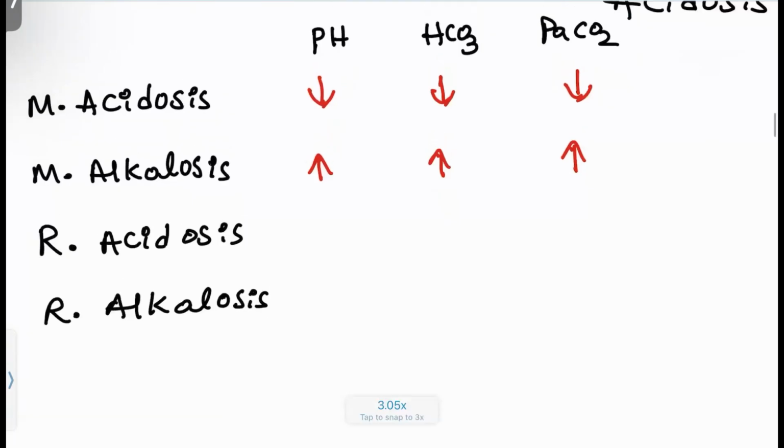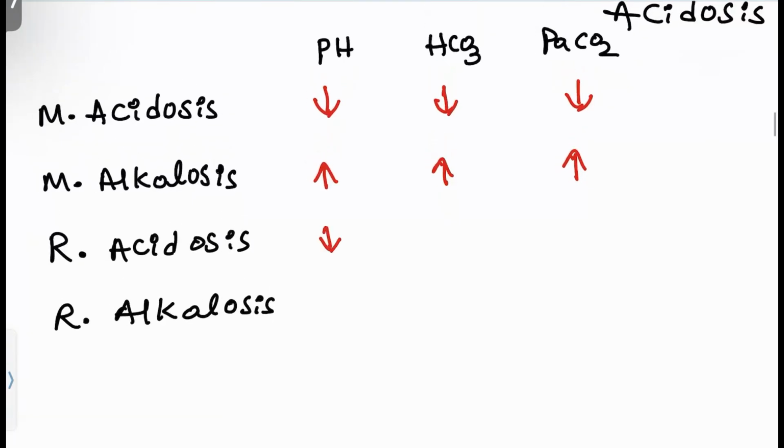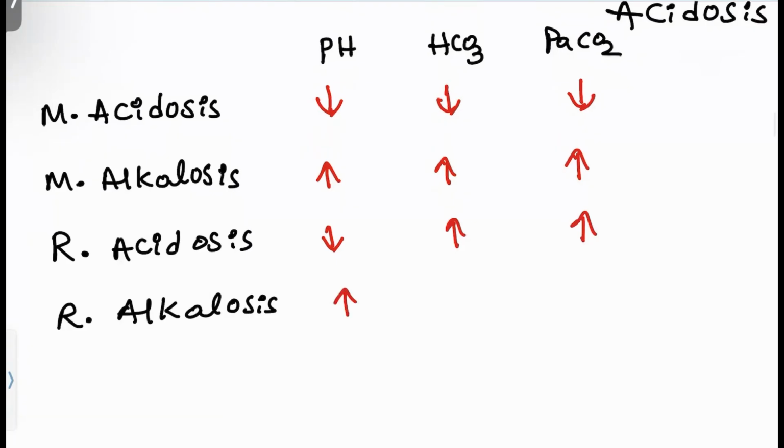But opposite to that, in the respiratory conditions, acidosis means your pH is low, but the PaCO2 is going to rise. And coming to alkalosis, there is a high pH value, and both the HCO3 and PaCO2 will be down. So you have to understand the mechanism behind this.